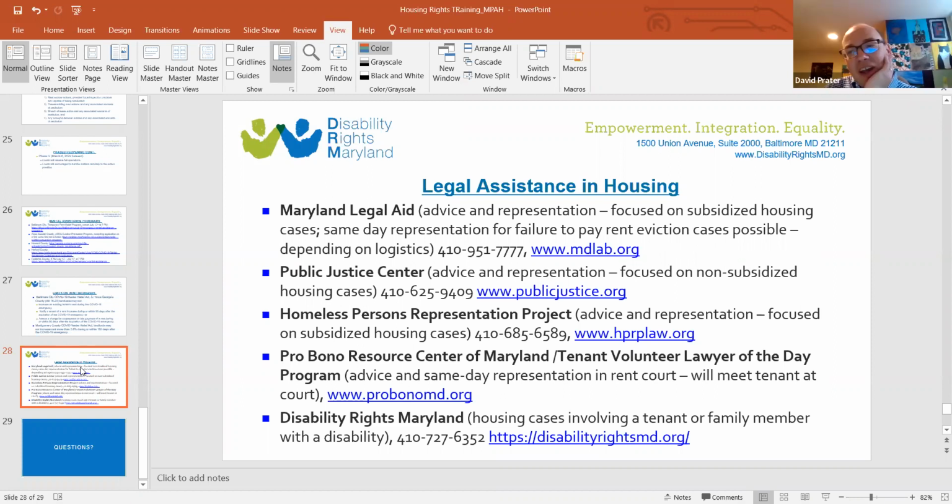So the voucher and the landlord-tenant relationship are separate tracks that they can run on. So a landlord could exercise some of the rights that they have, regardless of where things may stand with a voucher.